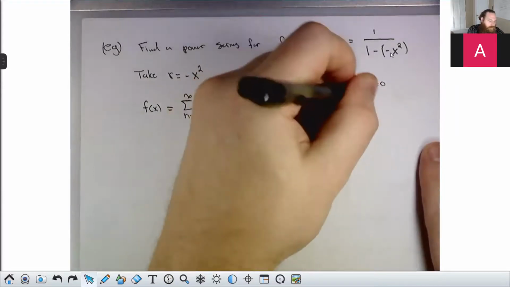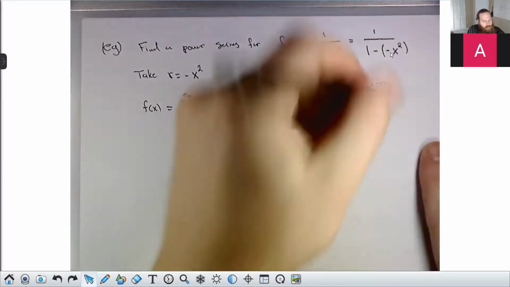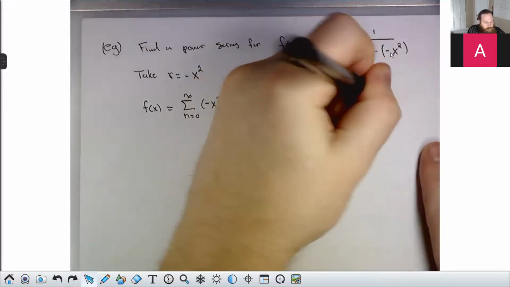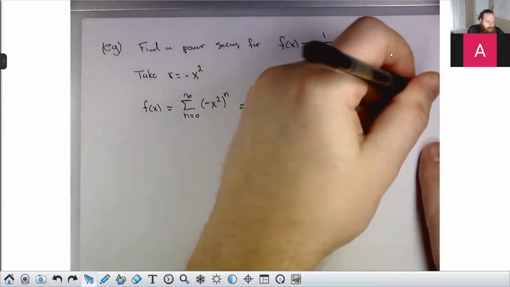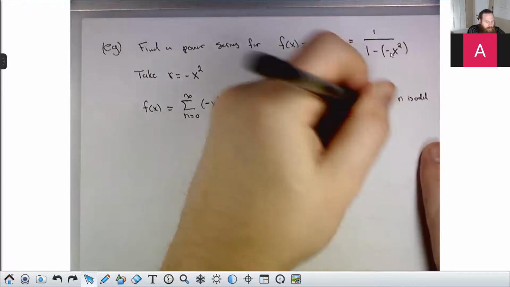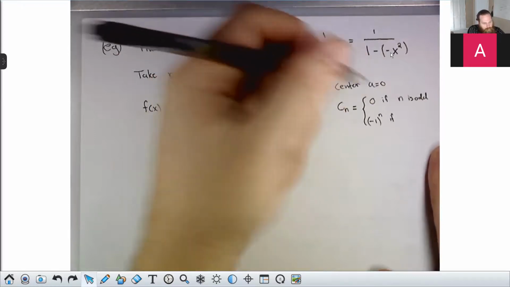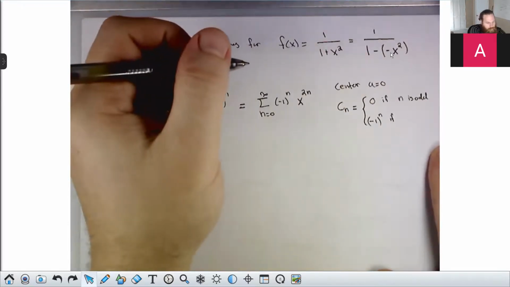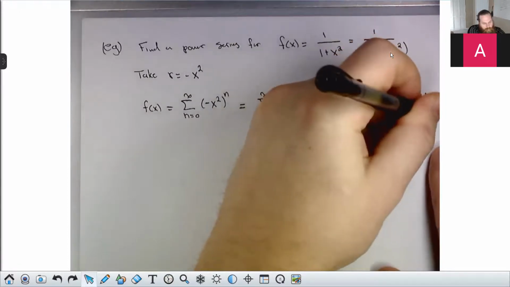I'm only going to do this once. Actually, we'll do it again when we talk about sine and cosine series. These are equal to 0 if n is odd, and negative 1 to the n if n is even.